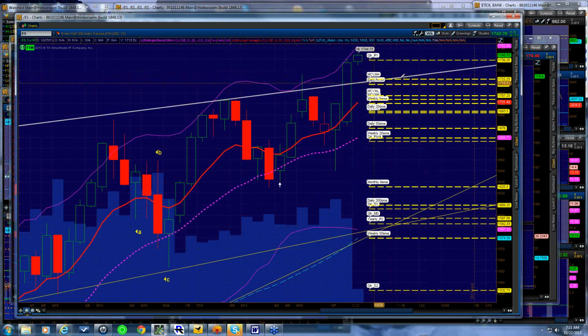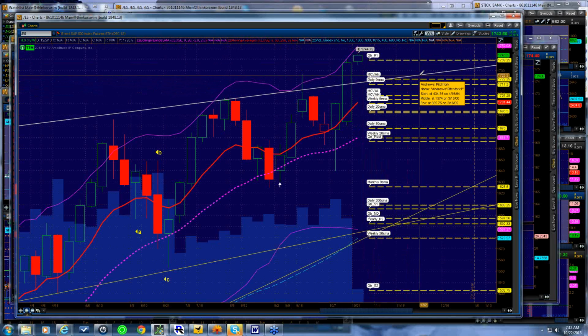If it does, that would indicate that it has now become support, and we would look for higher prices. If it does not hold, then it's possible that we're seeing a bit of a blow-off here and potentially a failed breakout. But that will take a few weeks to settle which way it wants to go from there.